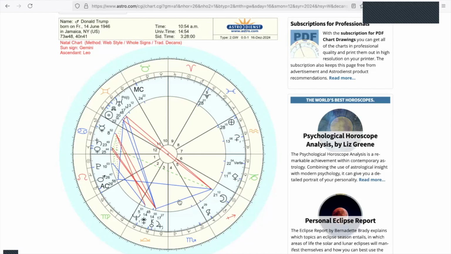His home, his upbringing. If you want to know more about his home life, his sense of what he does in private, you're going to look to the ruling planet of the fourth, which is right here.